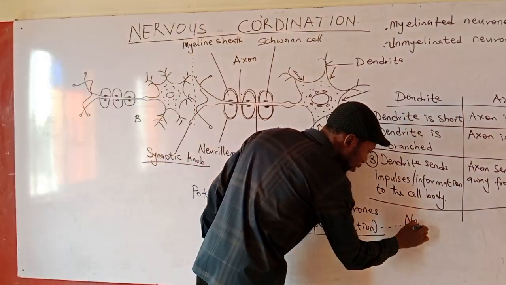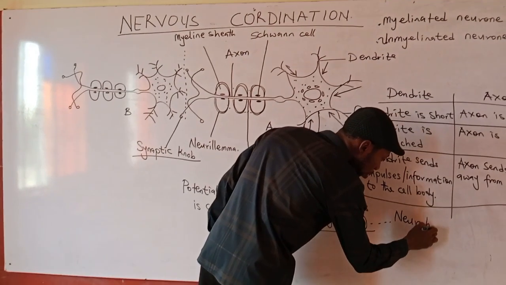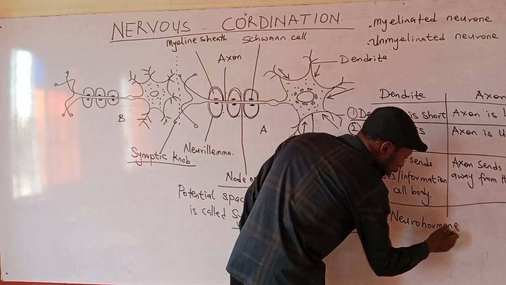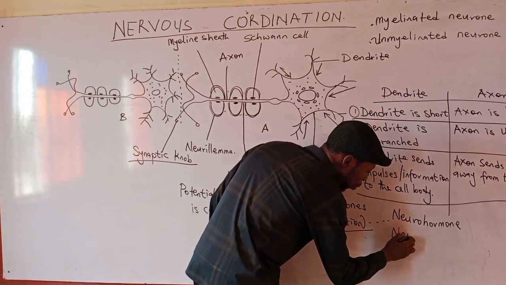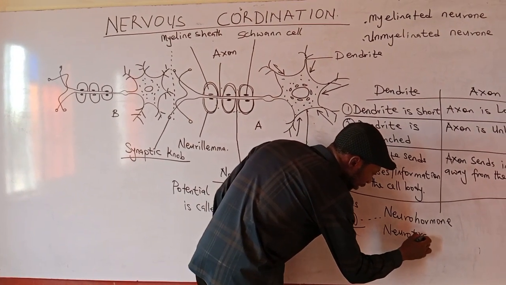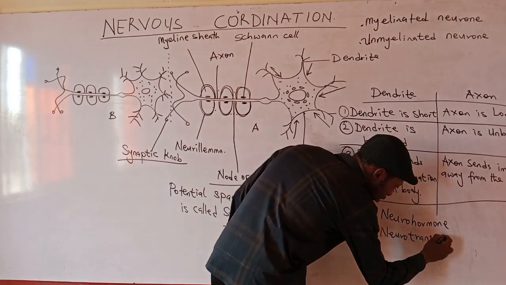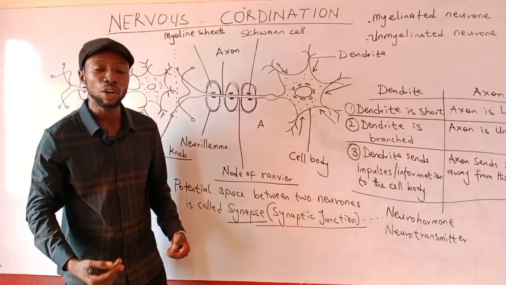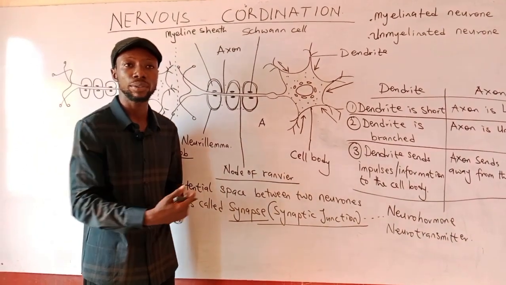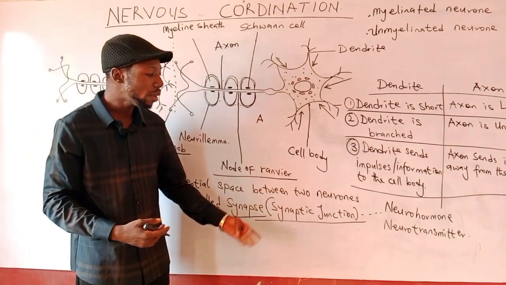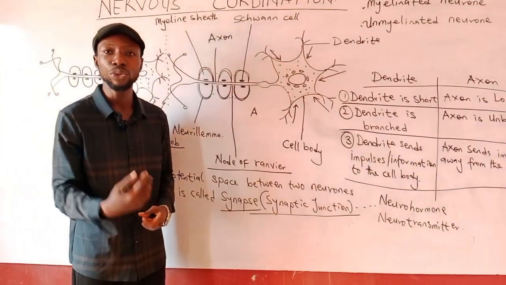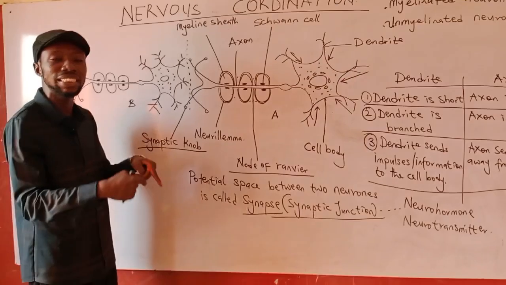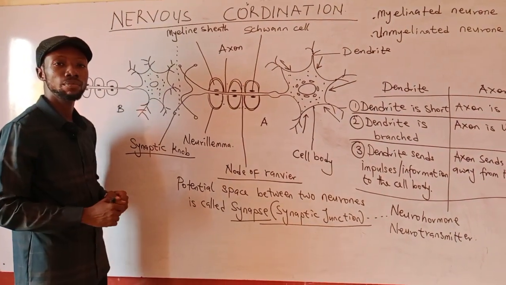We have the neurohormones, or you can as well call them the neurotransmitters, because all of them are not actually hormones, some are chemicals. Okay? You can call them neurotransmitters or neuromessengers. They are found inside the synapse or the synaptic junction.